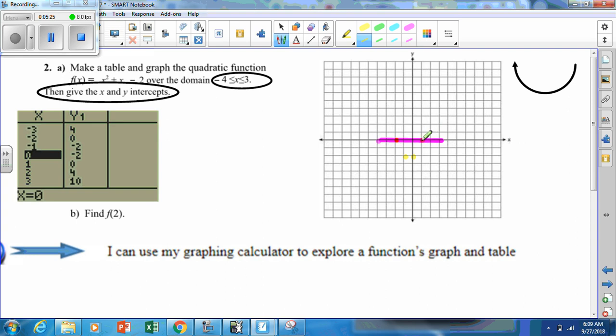Let's get some more values. I'm going to go over 3, up 4. Over 2, up 4.